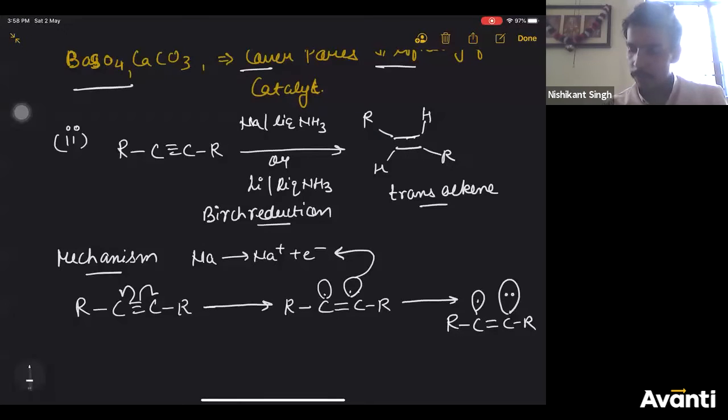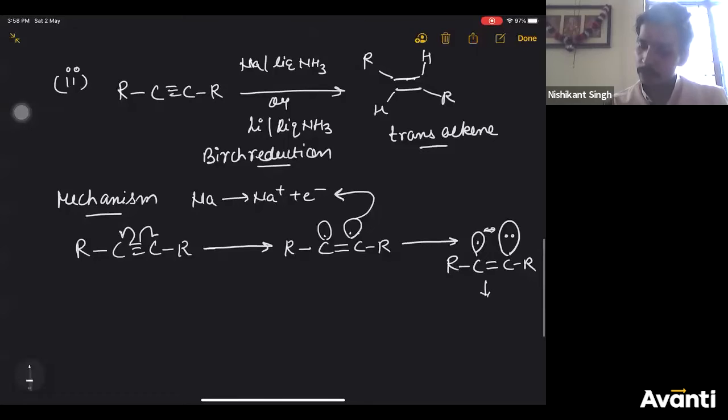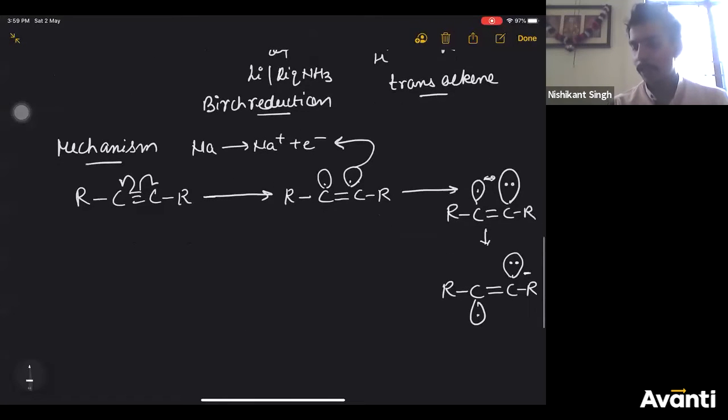Due to repulsion between these two, they will go opposite to each other, so it will be arranged like this: a radical anion here, negative charge because of the extra electron, and a radical here. So this intermediate, students, is called a radical anion.